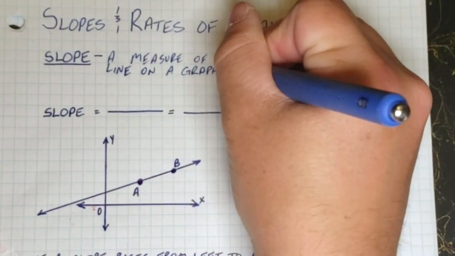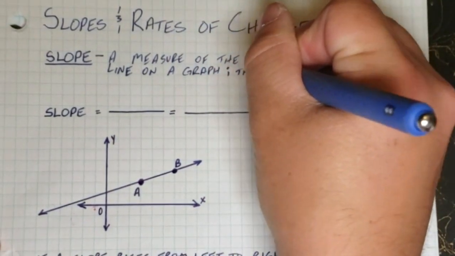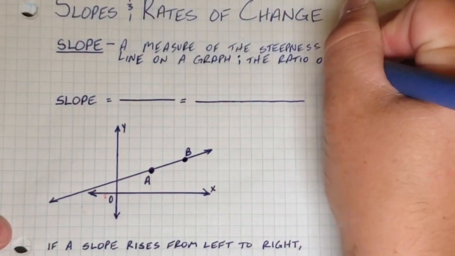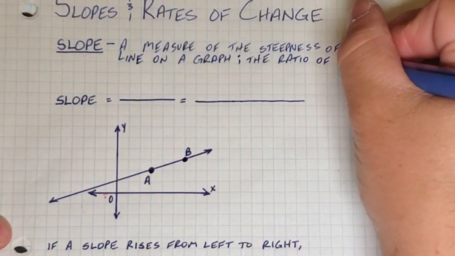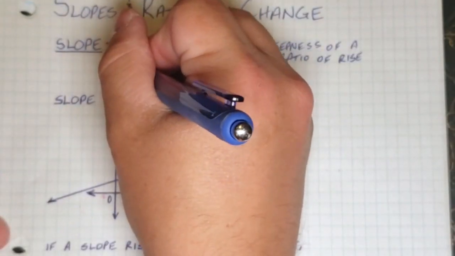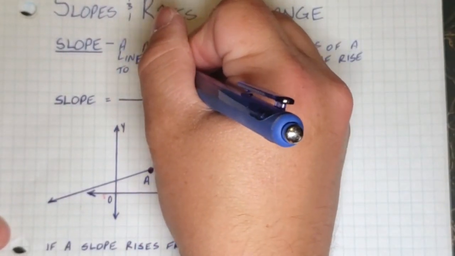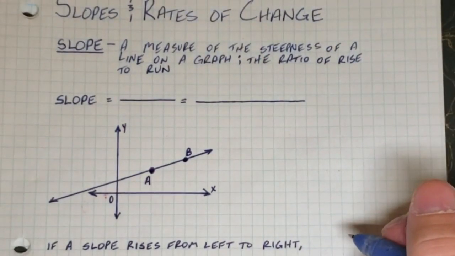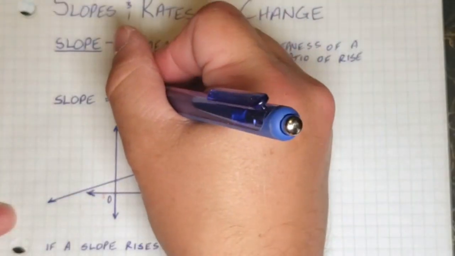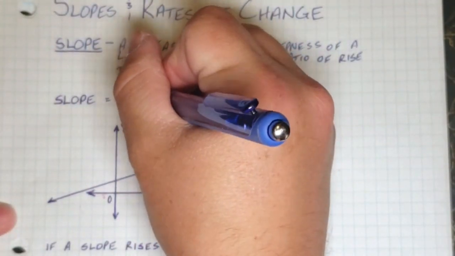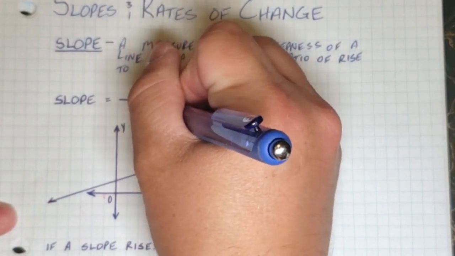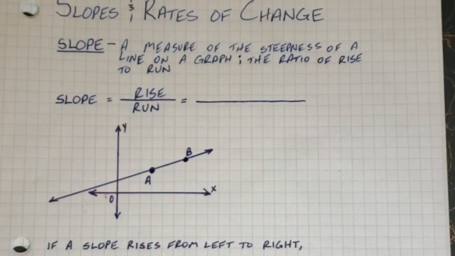All right, it is the ratio of rise, that means how far it goes up and down, to run, that means how much it goes from side to side. So the formula for slope is slope equals rise over run. Okay?